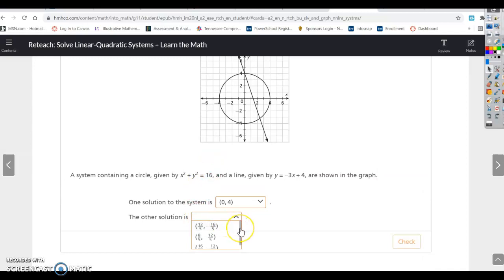Alright, so 2 point something, 5 over 16, 5 goes into 15 3 times. We can automatically eliminate that one. 5 goes into 8, 1 3/5, so that's not quite 2. And 5 goes into 10 2 times with 2/5 left over.